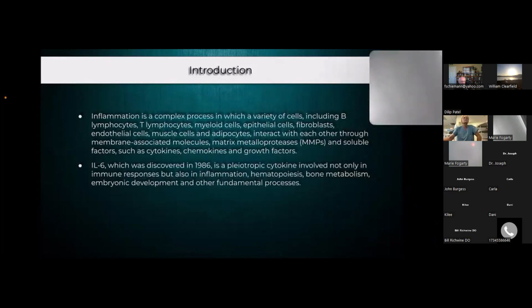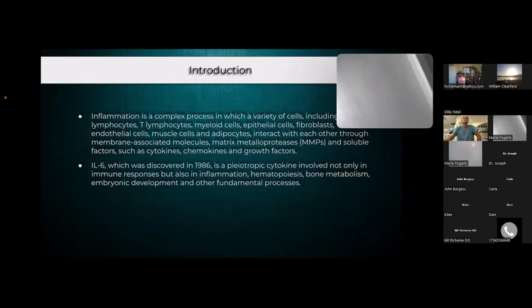Interleukin 6 was discovered in 1986, is a pleiotropic cytokine involved not only in immune responses, but also in inflammation and hematopoiesis, bone metabolism, embryonic development, and fundamental process.